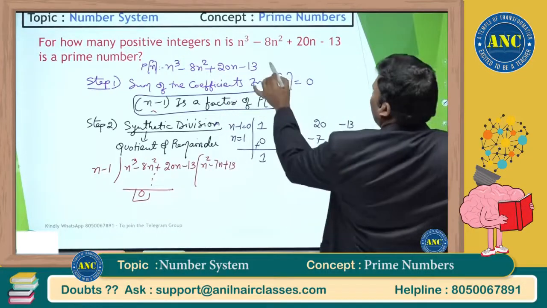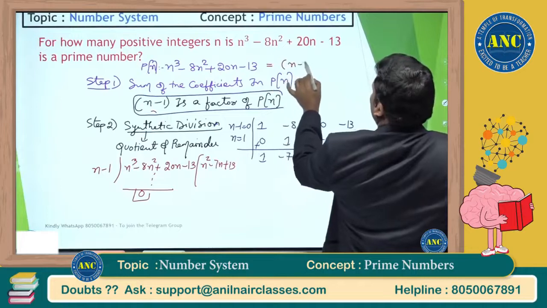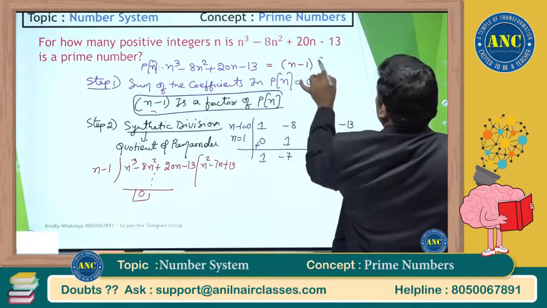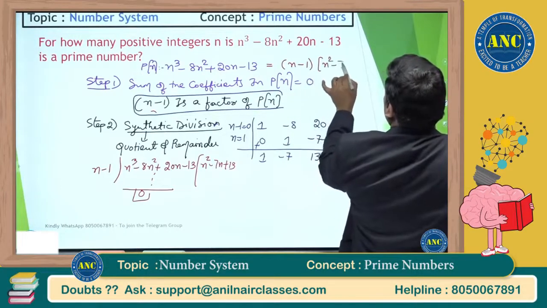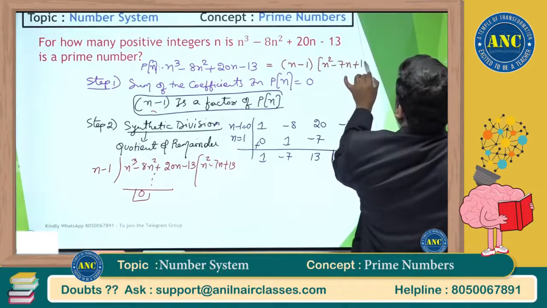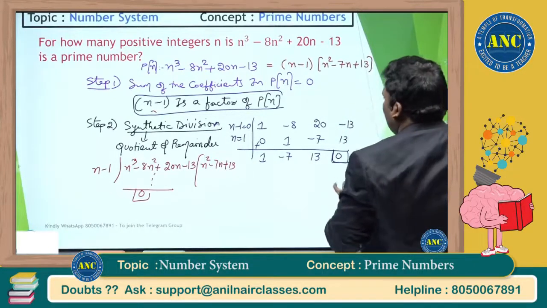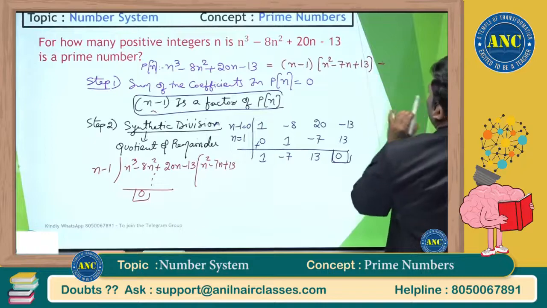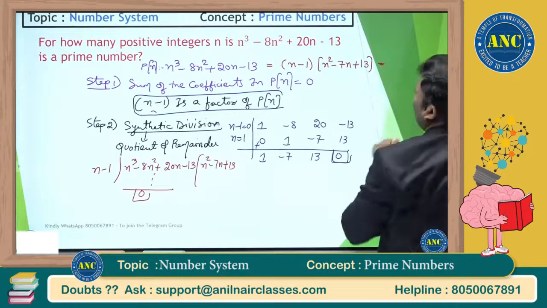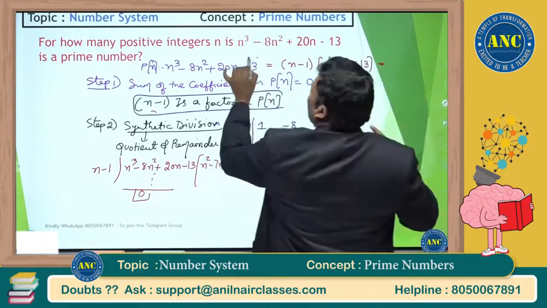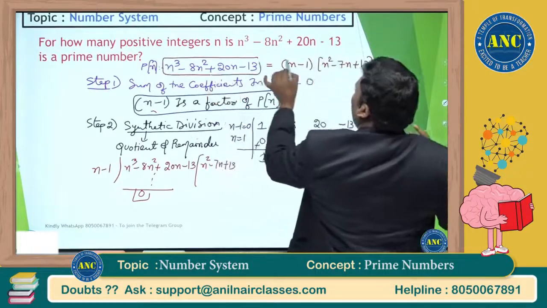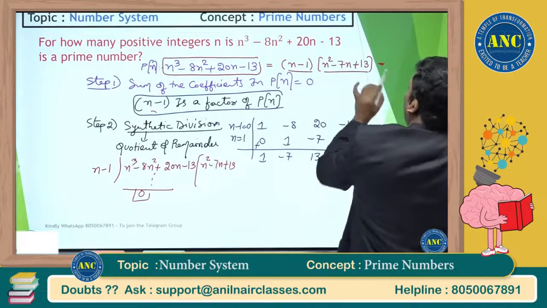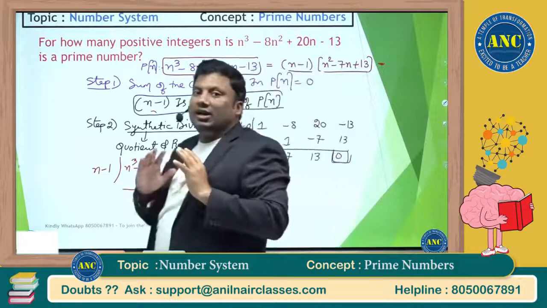That means one factor is n minus 1, divisor into quotient. Quotient is n square minus 7n plus 13. Remainder is 0, so you don't need to write it. This entire cubic expression is a product of a linear and a quadratic. I hope till here it is clear.